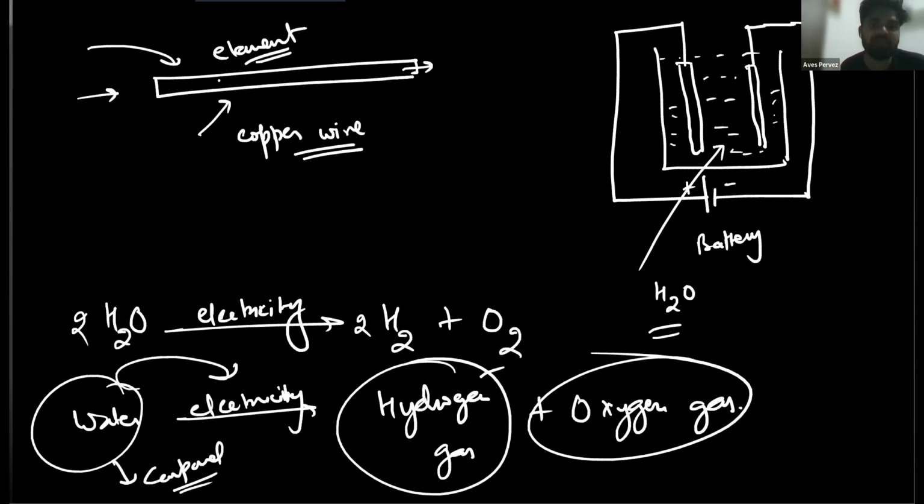This wire is made up of copper. So we can simply say that we cannot break an element into two or more elements. If there is an element, it will remain an element in chemical reactions. You understood what I want to say.